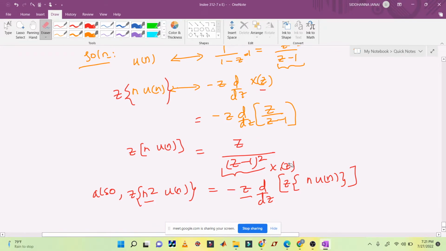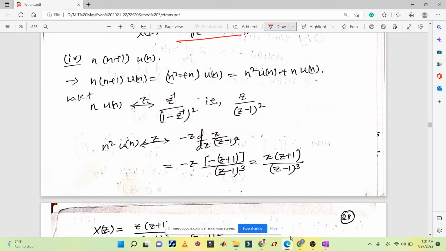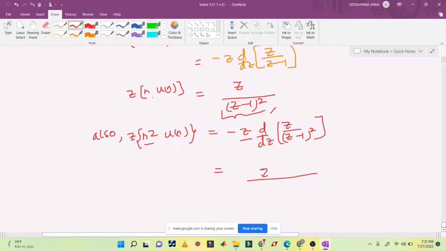For this one we can directly substitute. Already we know that the z transform of n into u of n is z divided by z minus 1 whole square. Differentiating this, whatever we get as the answer, that is z into z plus 1 divided by z minus 1 whole cube.